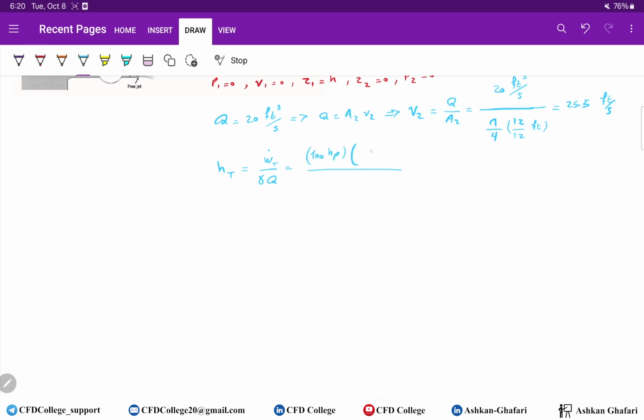As you know, every 550 pounds-feet per second equals 1 horsepower. Divided by gamma, it's water, so 62.4 pounds per cubic feet, times Q, which is 20 cubic feet per second. So HT equals 44.1 feet.